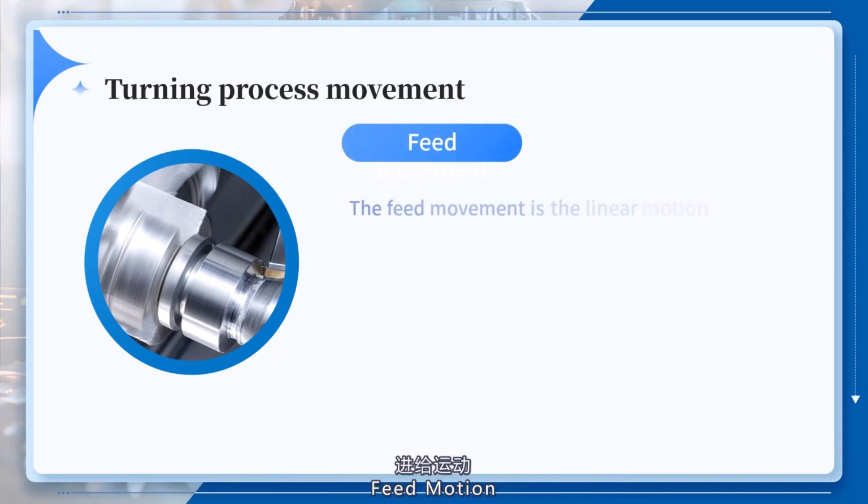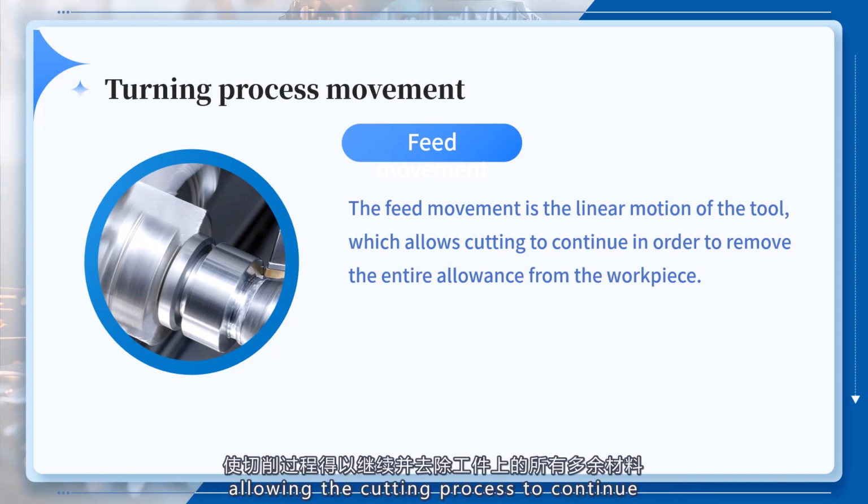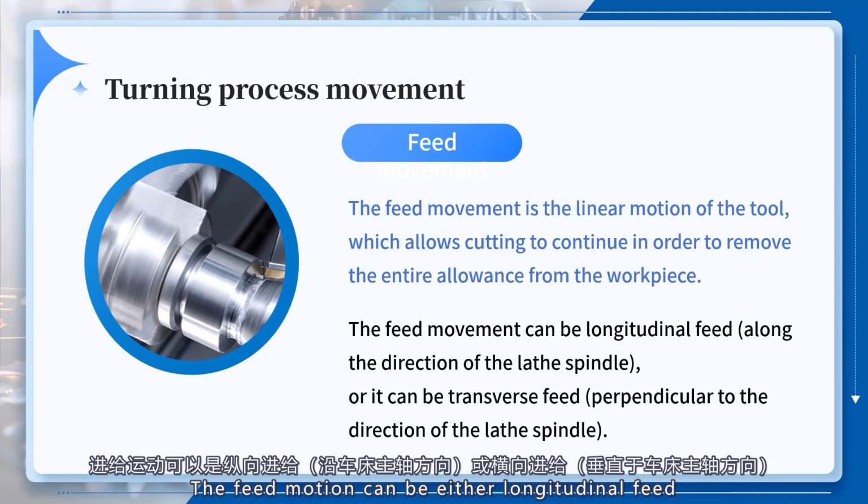Feed motion. The feed motion is the linear movement of the tool, allowing the cutting process to continue and remove the entire excess material from the workpiece. The feed motion can be either longitudinal feed along the direction of the lathe's main spindle or transverse feed perpendicular to the direction of the lathe's main spindle.